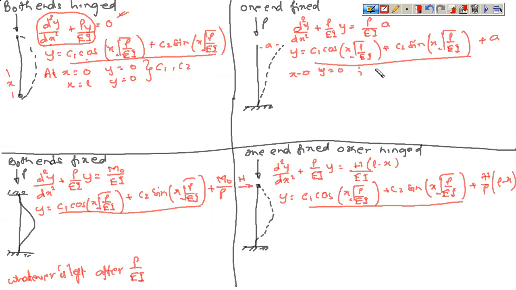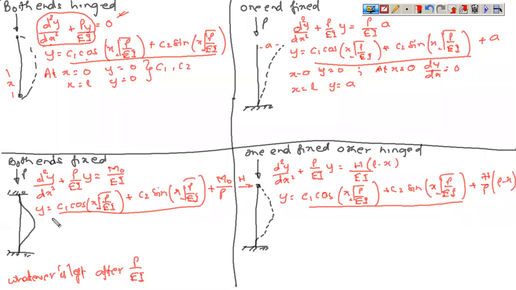The other is at x is equal to 0, also you have dy by dx is equal to 0, as you have seen in the case of a cantilever beam. And the last one is at x is equal to L, you have y is equal to A. So utilizing these three boundary conditions, you can derive the crippling load.